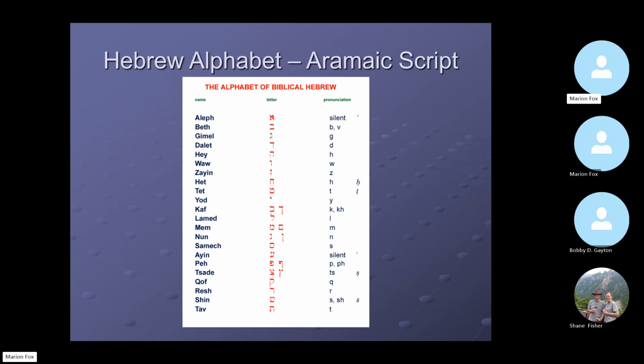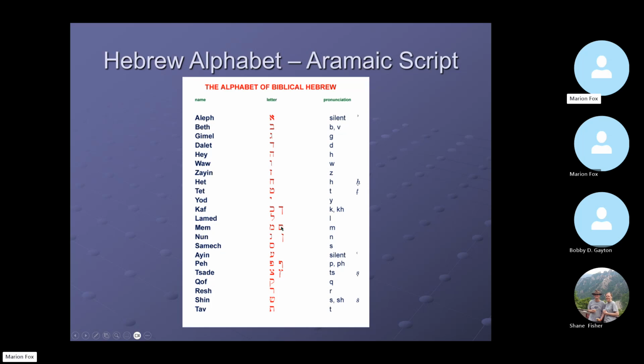We have another situation here that's kind of unique, and we'll see probably why they do this: there are 5 letters that have 2 forms. Right here, Kaf has 2 forms, and this last form is when it's at the end of the word. And you say, well, why would that be? Well, we'll show why they would do that.